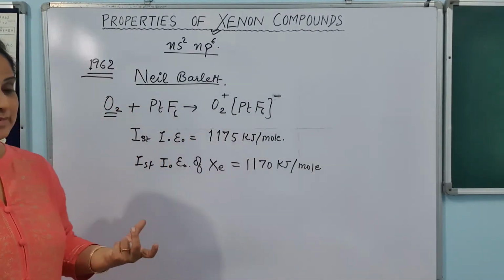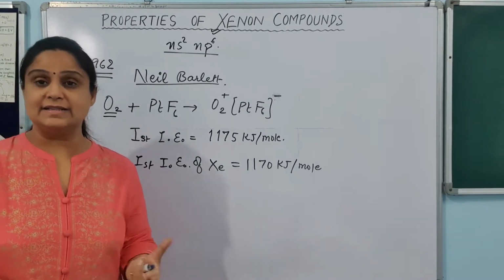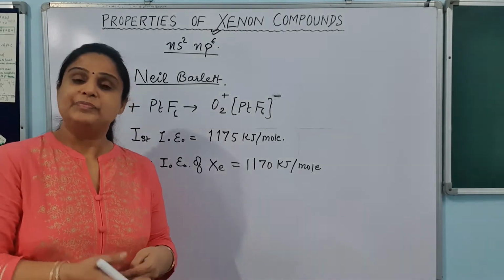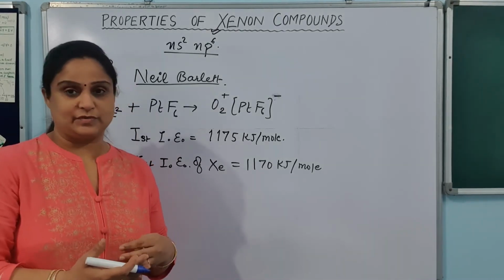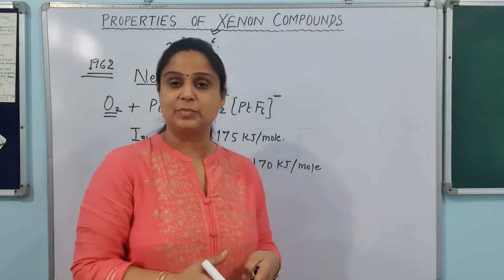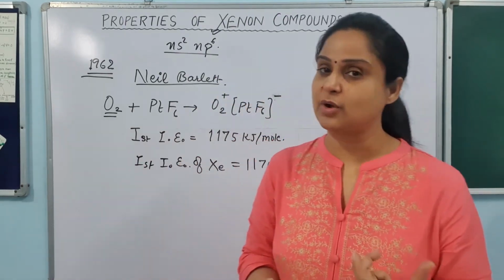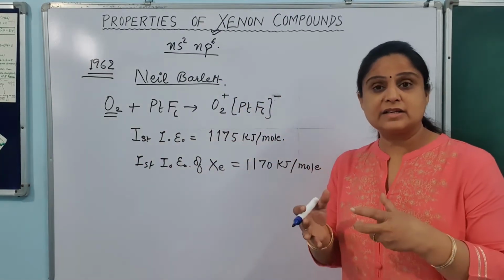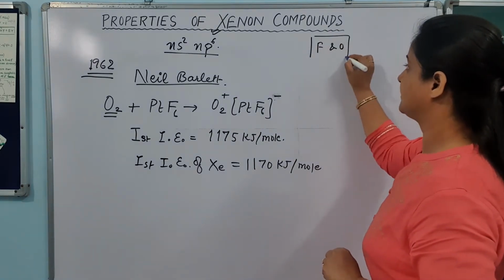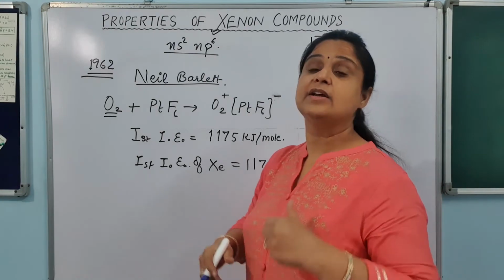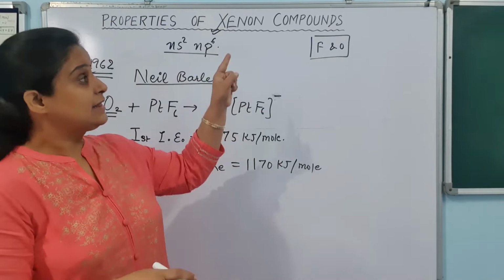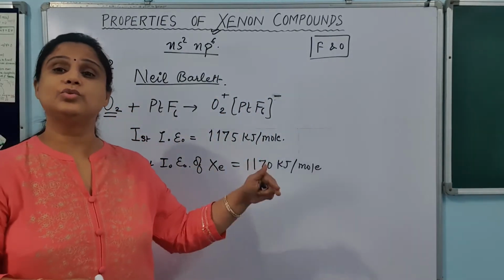Then this idea came into the minds of all the scientists that yes, this could be possible, and they started making compounds of xenon. Later on, they made many compounds of xenon. Xenon does not have a general tendency to make compounds, because its octet is completed, but yes, in harsh circumstances, and with fluorine and oxygen, these two elements having very high electronegativity, they can force the xenon to lose an electron.